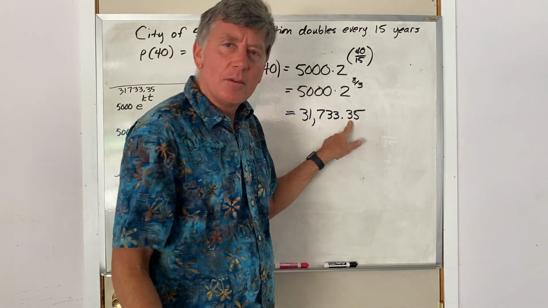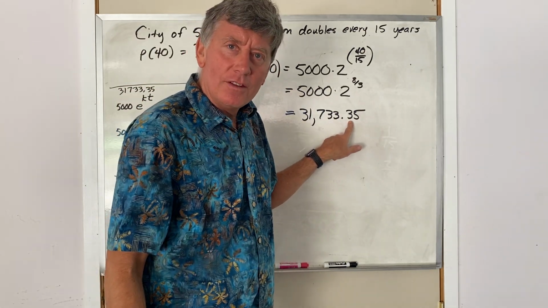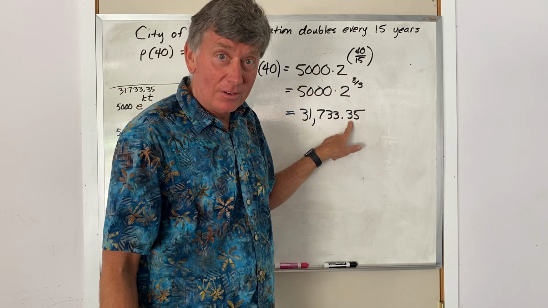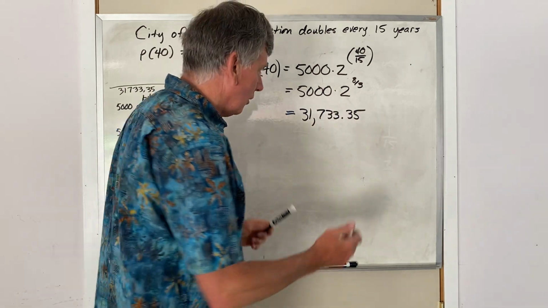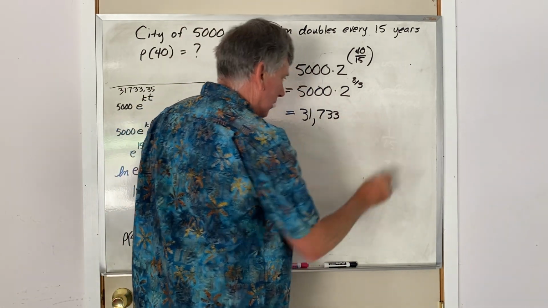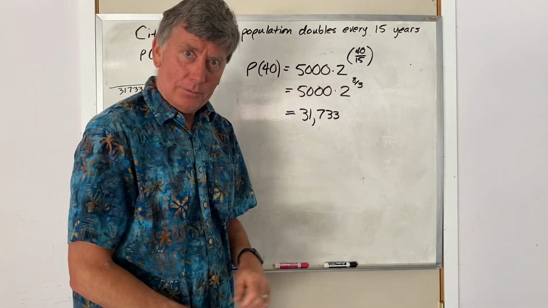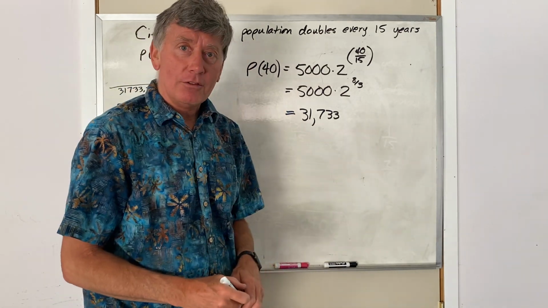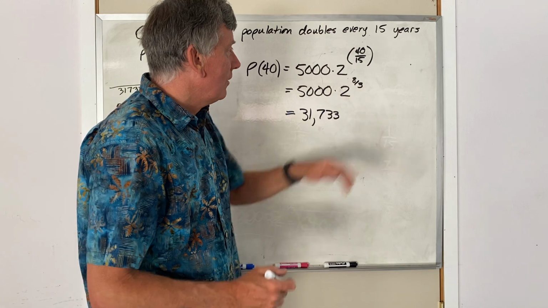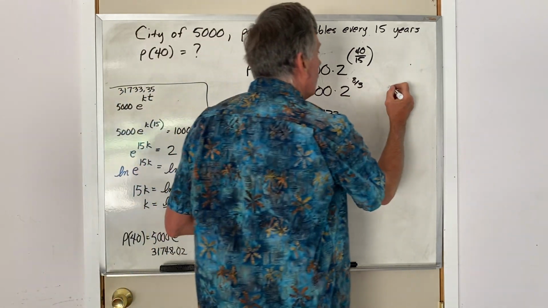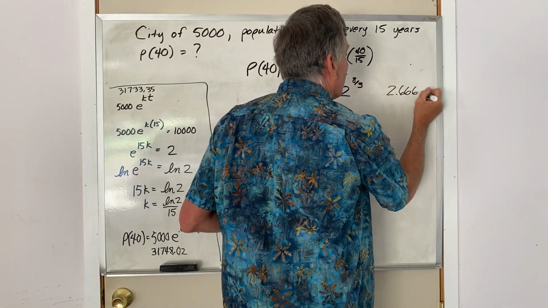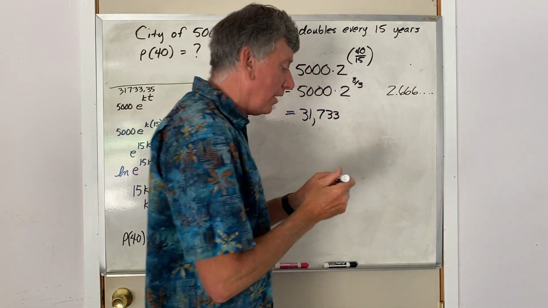Now, I want you to be very careful to use your heads on this. Does it make sense to talk about 35/100ths of a person? It doesn't. So we round down and we say 31,733. Now in this, 8/3 is 2.666... It just goes on and on and on.